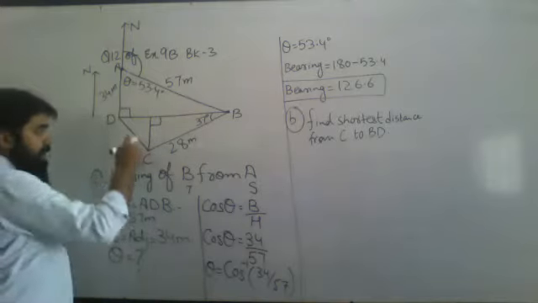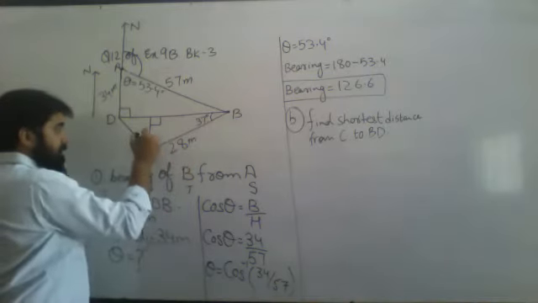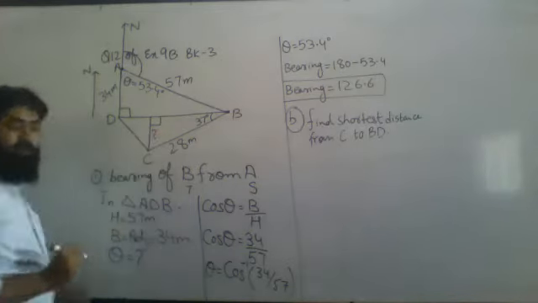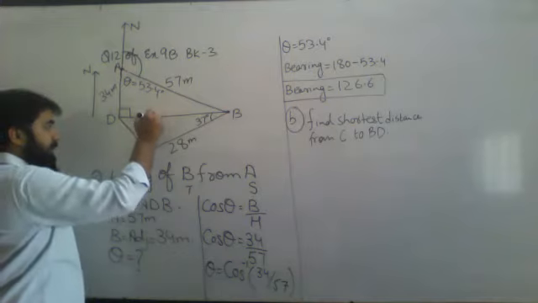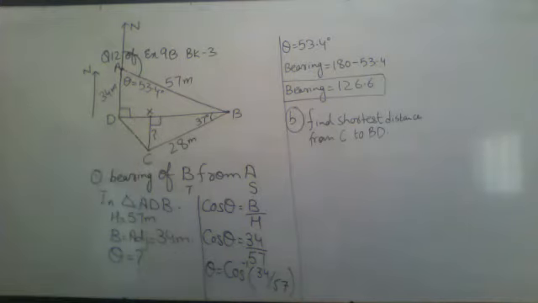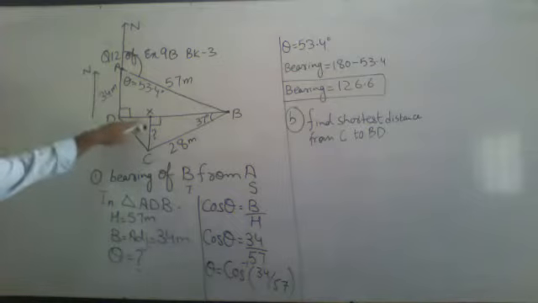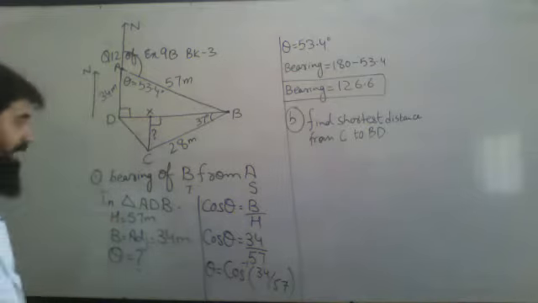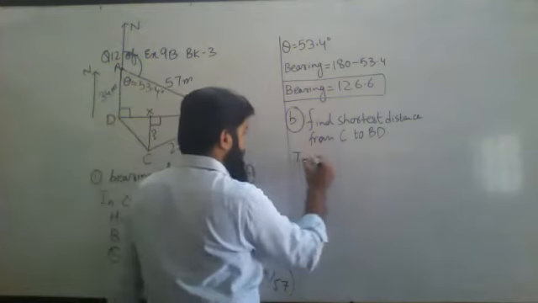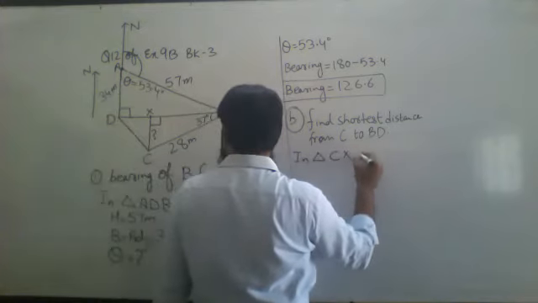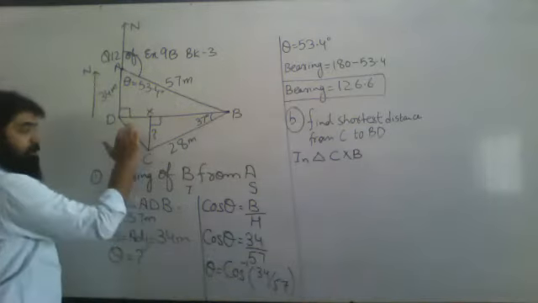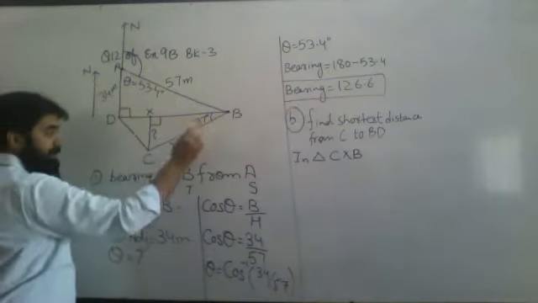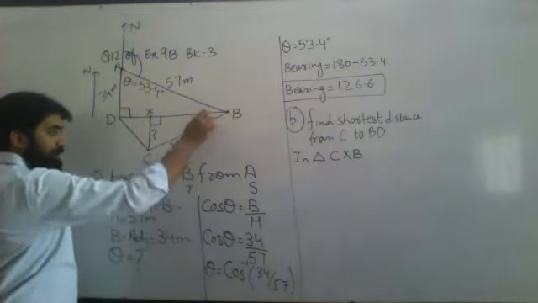So now I have got a triangle over here. This length is missing. I'm just naming this by myself as X. So in triangle CXB, I'm taking this side and not this side, because over here I have got two things, one angle and one side.